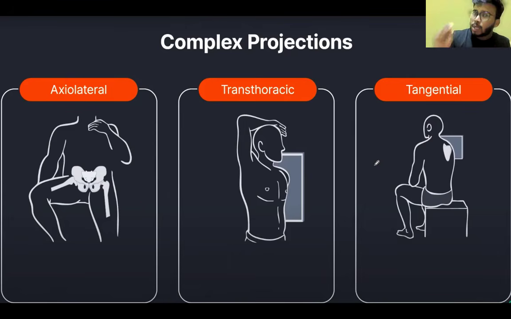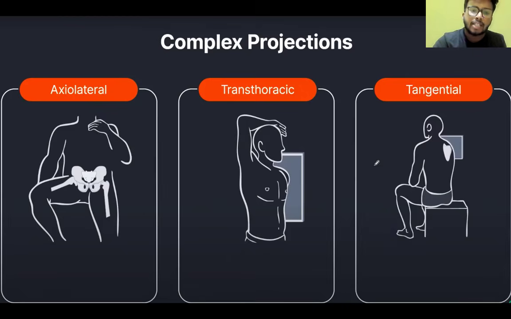So tangential projections are done to visualize curved surfaces without superimposition of surrounding structures. Clear?